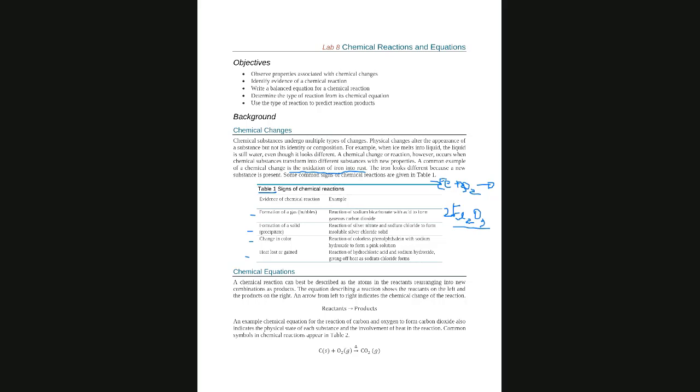So everything that I read before to you, I can say, okay, I will give you the chemical equation. 2 moles of sodium that reacts with 2 moles of water, and in parentheses, we write the state.